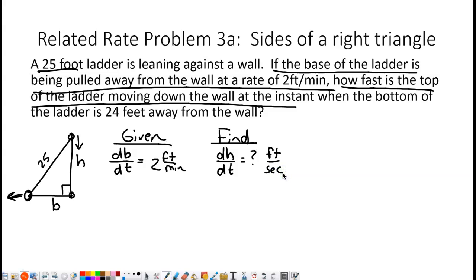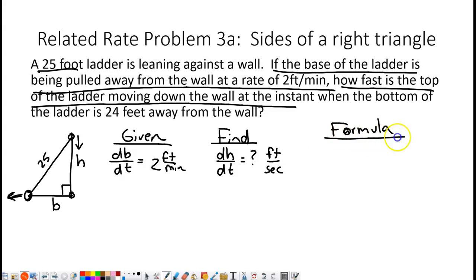So we have our picture, we have our given, we have what we're trying to find. Now, I want to find a way to relate the base of my right triangle to the height of my right triangle. Do I have a formula that will relate the base and height of a right triangle? Well, actually, there's two formulas.